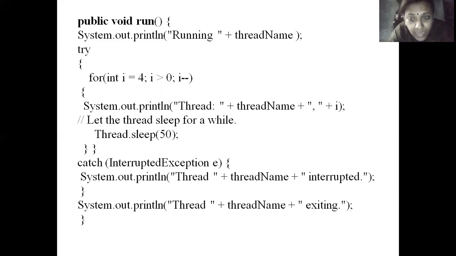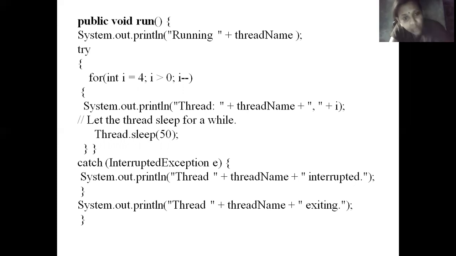That i is the index, and then you have this method Thread.sleep, that is a phase. Actually your thread can go to the sleep phase, 50 milliseconds or for some time. So it is created, then it's running. When it is running, it will print that thread 1 is printing.